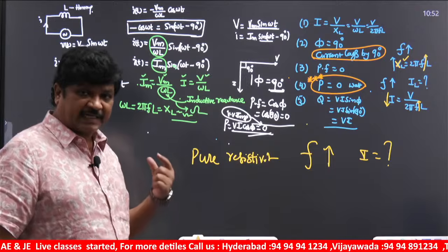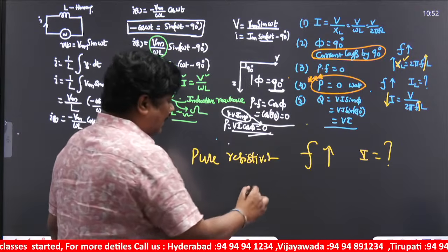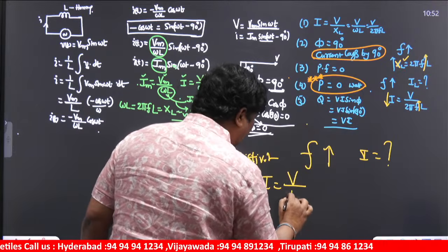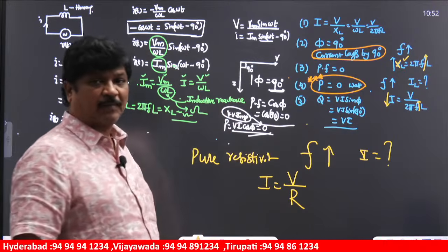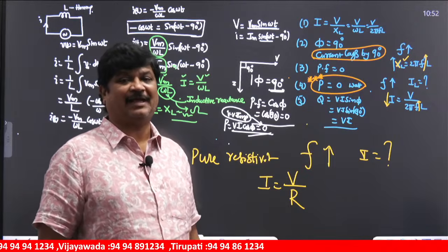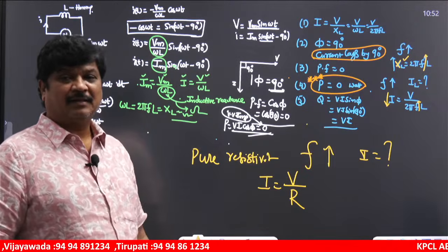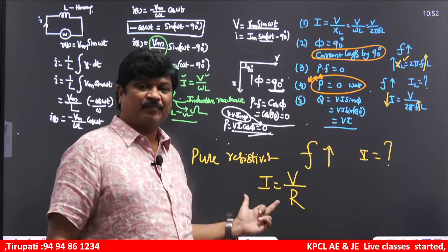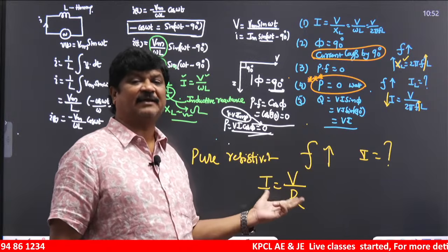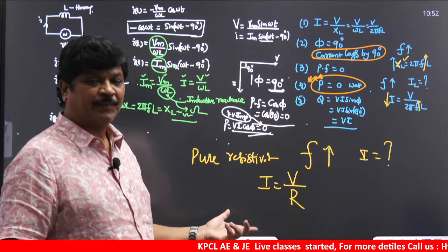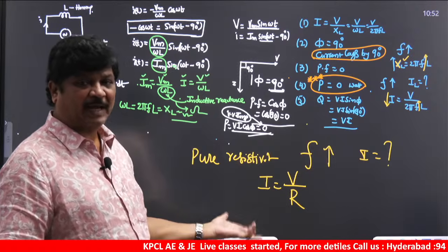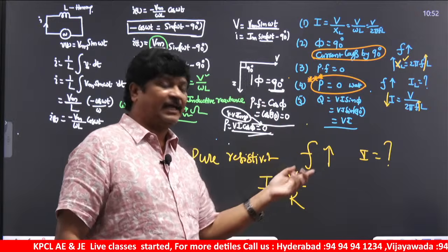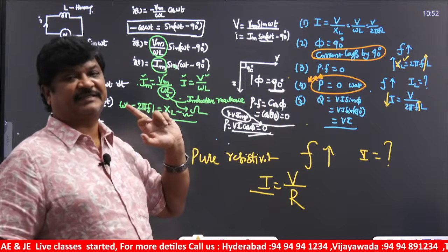In case of a pure resistor, our current formula is I equals V by R only. Here there is no frequency factor. If there is no frequency factor, then whether the frequency increases or decreases, the current remains constant.